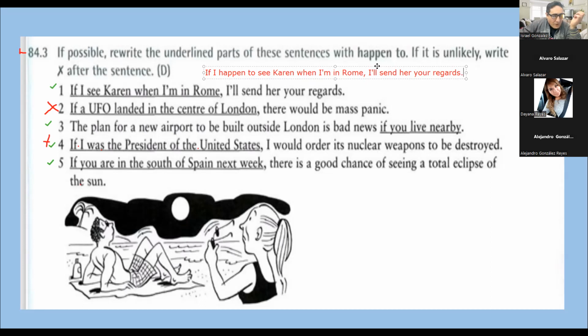Meaning, well, very formal, if by chance. Okay, but it is very formal. So in this case, I think the first option is the best because it is not so far. Okay. So with number 2, should we use this structure or not? What do you say, guys?